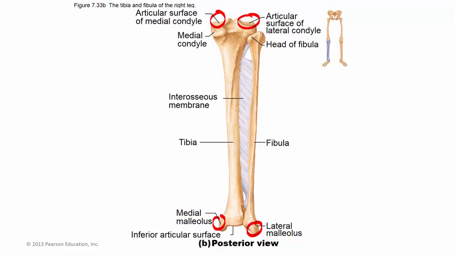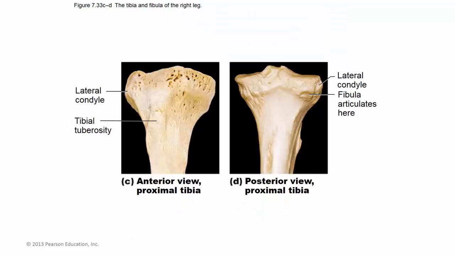So remember, think about these bones if you're looking at them from the front or the back. If you don't see a tibial tuberosity, that's a big clue that you're looking at the back side of it. So look for that landmark, and that will tell you if you're looking at it from the front side or the back side, which will help you figure out if you're on the medial or lateral side. Okay.